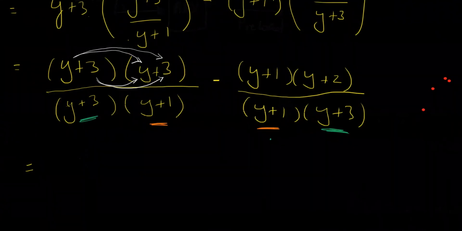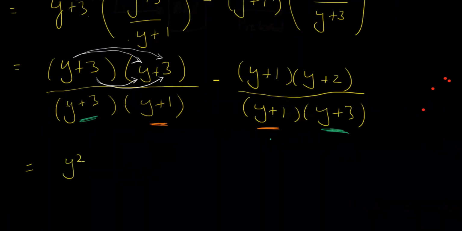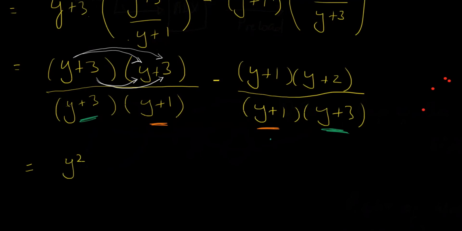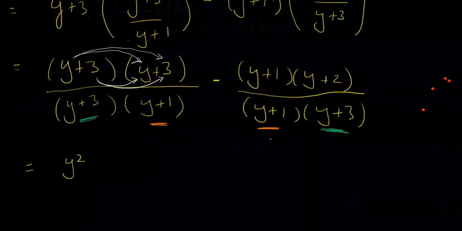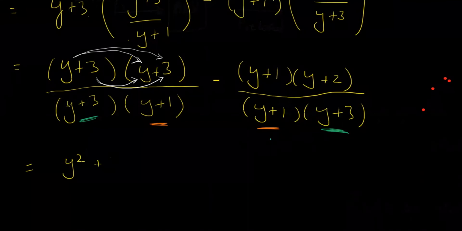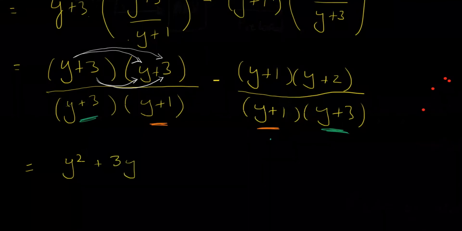What's y times y? Y squared. What's y times 3, please? Y times 3 is equal to 3y. And then let's go to the second term.